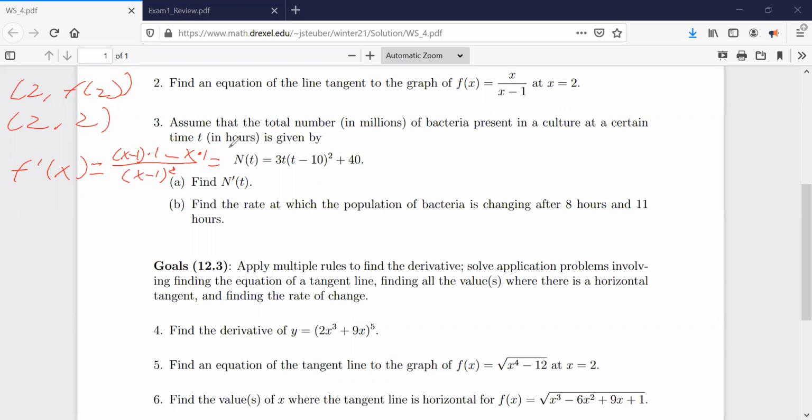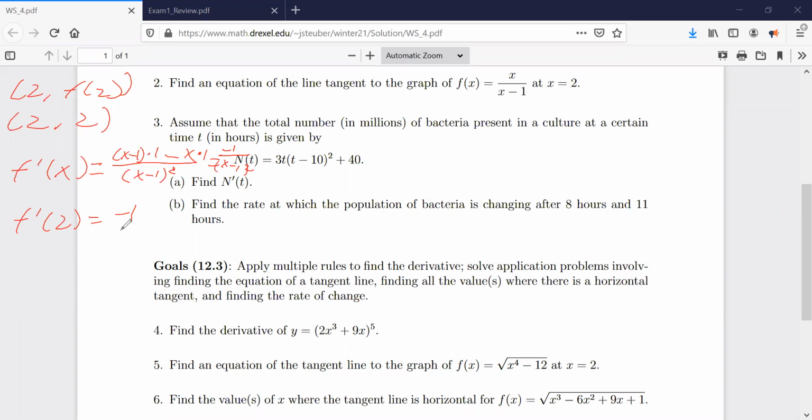That all cancels out to give you negative 1 over x minus 1 all squared. So when I plug in f prime of 2, that gives me negative 1 as my slope.